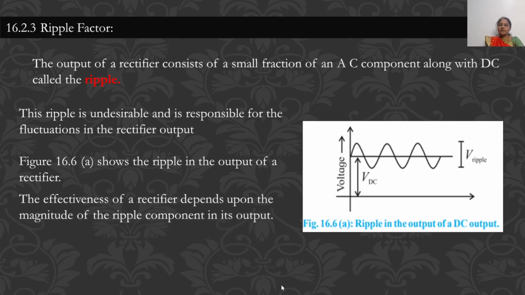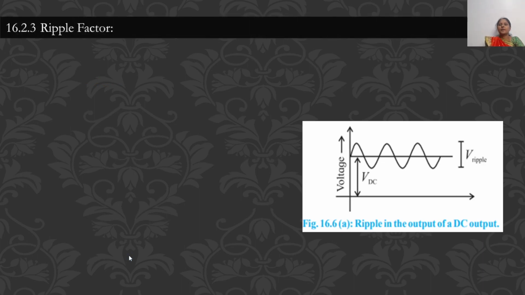The effectiveness of the rectifier depends upon the magnitude of the ripple component in its output. A smaller ripple means that the rectifier is more effective. Mainly, the output of the rectifier consists of a small fraction of AC component along with the DC component, which is the meaning of ripple.